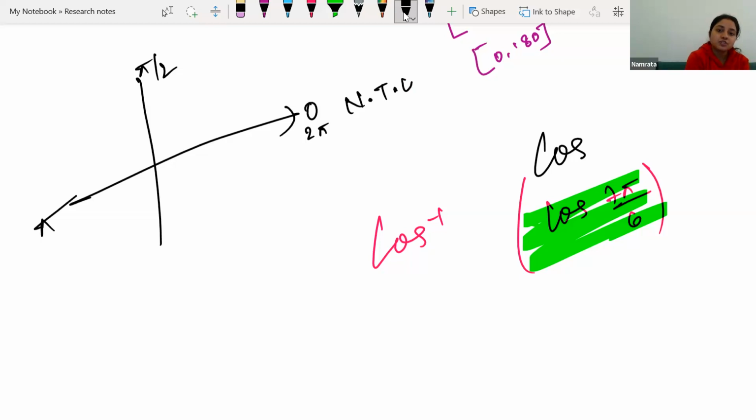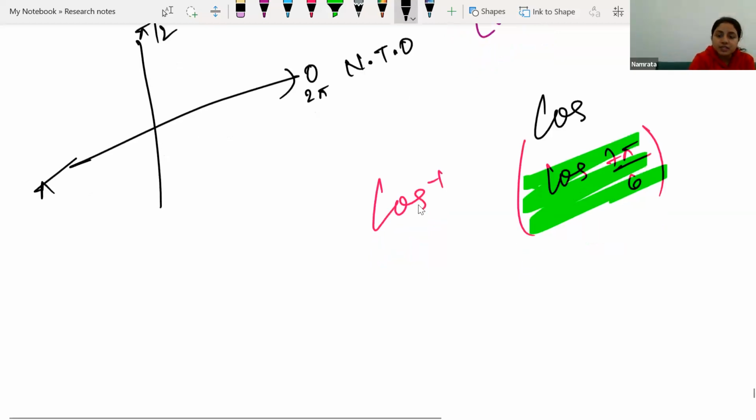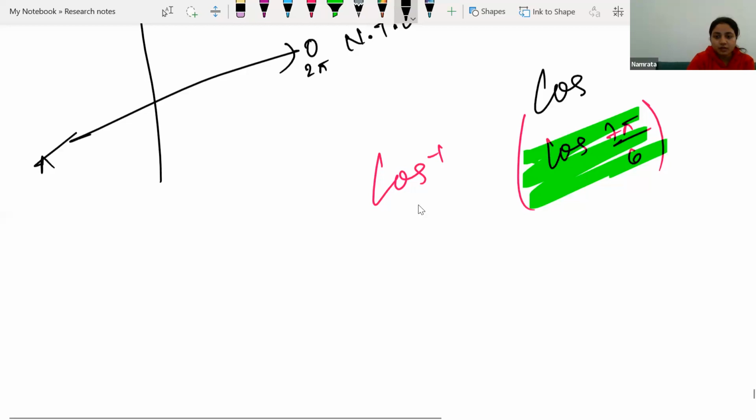So we will be thinking about any angle like pi plus theta, pi minus theta, 2 pi minus theta. In these types of angles where no transformation occurs, cos will remain cos only, and we'll be able to adjust this 7 pi by 6 also. So can I write this 7 pi by 6 in the form of pi plus theta or maybe in the form of pi minus theta?